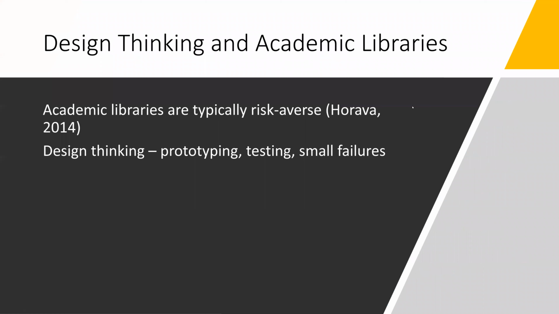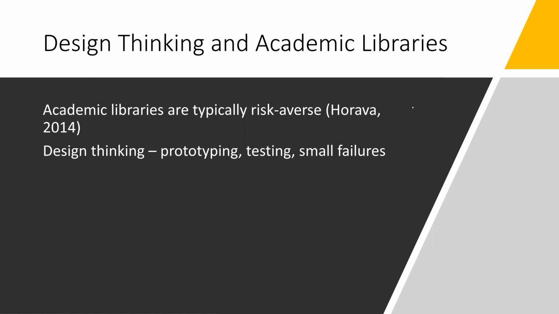So let's think about how design thinking might apply to academic libraries. Academic libraries are typically risk averse. They're in institutions that are oftentimes risk averse, not always, but oftentimes, because the decisions that are made impact a lot of people. And if something is messed up, that's impacting a lot of people.